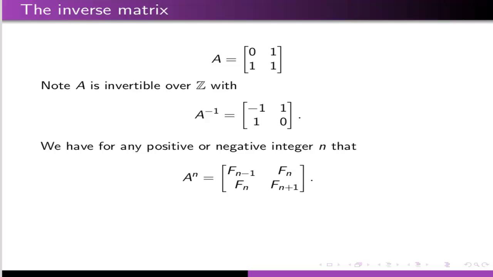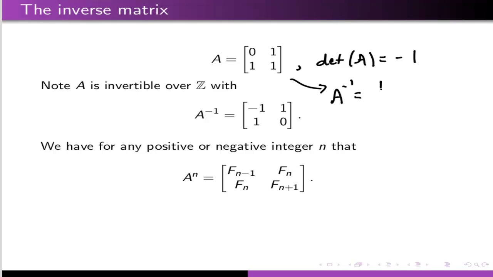Now let's bring in the inverse matrix. Notice that A is invertible over Z. Its determinant is 0 minus 1, negative 1, which is a unit in the integers. And you'll recall the formula for A inverse. Of course, one can just multiply these out. But how do you get the inverse of any matrix?